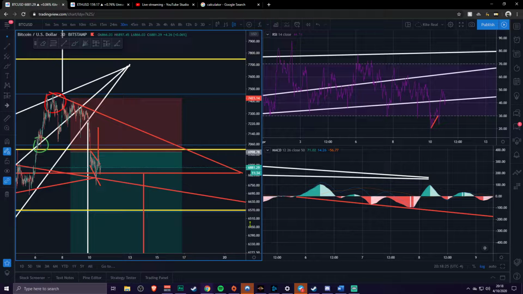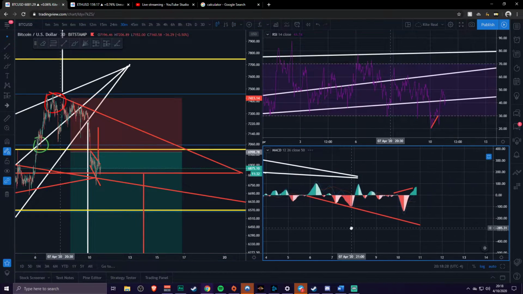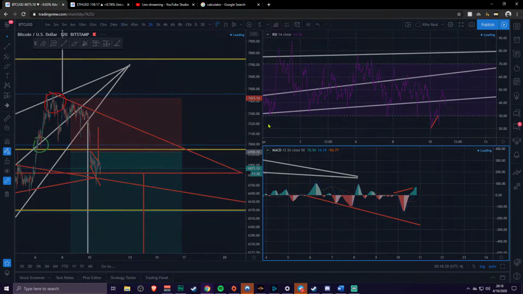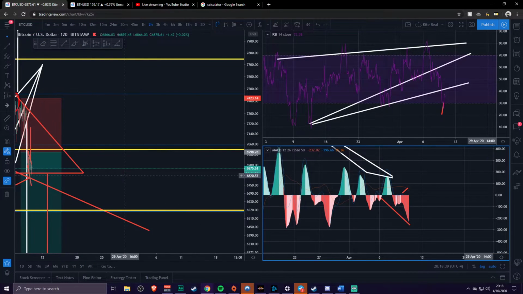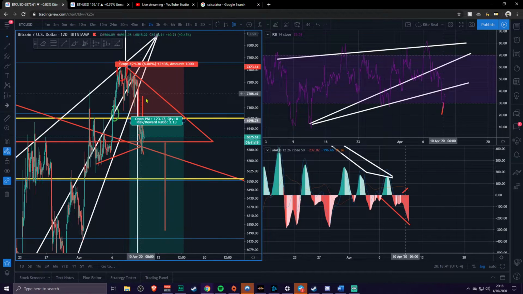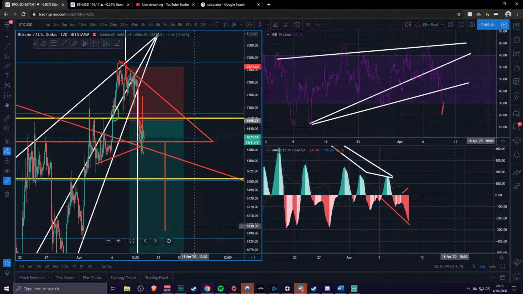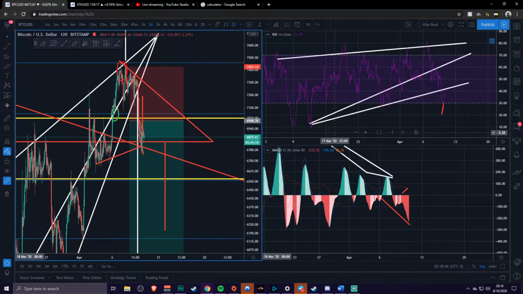That's kind of what I'm thinking here. The only thing that tells me otherwise is the higher end MACDs. We do have a lot of bullish divergence on those, especially from these positions over here. So that could be subsided with the particular retest to the upside and hopefully stall support.